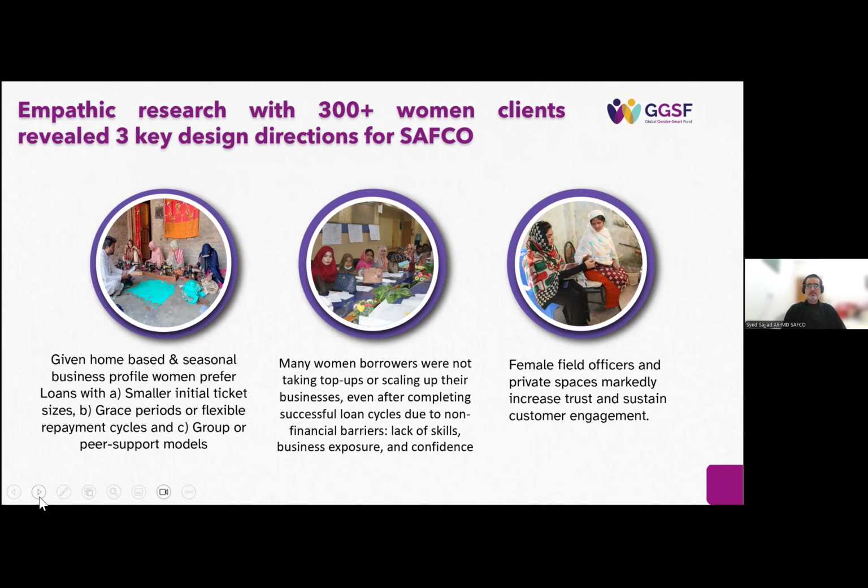So we understood that the women are home-based workers who have seasonal businesses and different cash flows. They were not receiving a need-based ticket size of loan, the repayment was not aligned with their cash flows, and the support from the institution in terms of grace period was very generic and standardized.